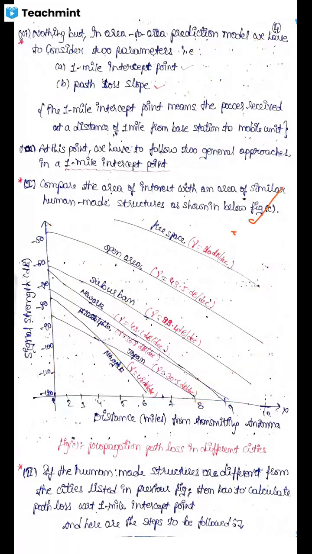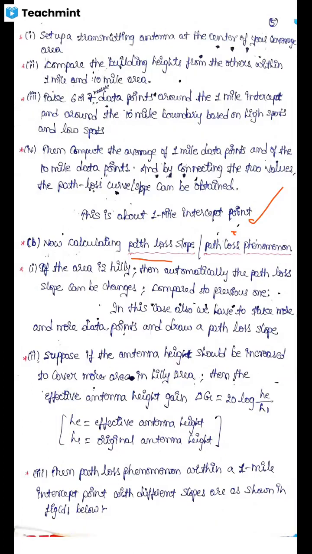So coming to the path loss phenomena or path loss slope. Here, path loss phenomena is nothing but drawing the path loss curves of different areas. We already know that each area gives a different path loss curve.